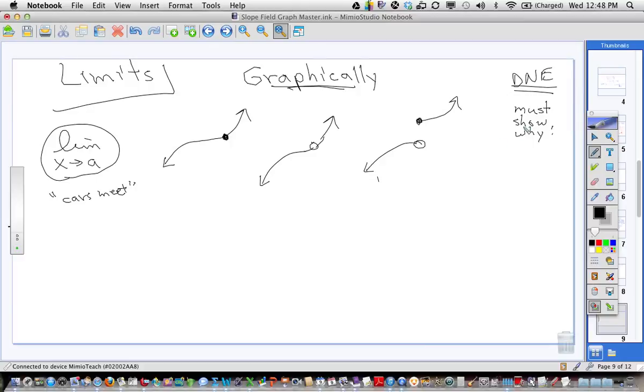For these kinds of limits, that means the one-sided limits. On this one we would say the limit as x approaches a from the left is maybe 1, I don't know, and the limit as x approaches a from the right is 2 or whatever.